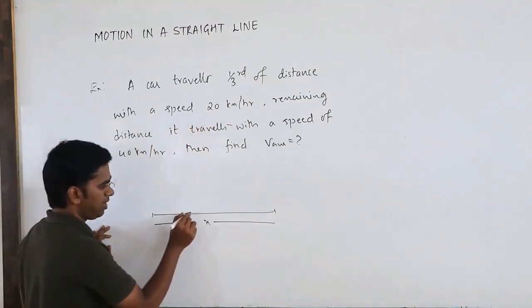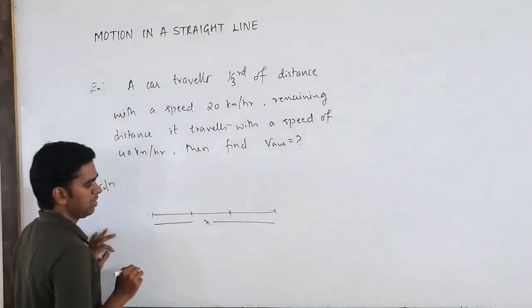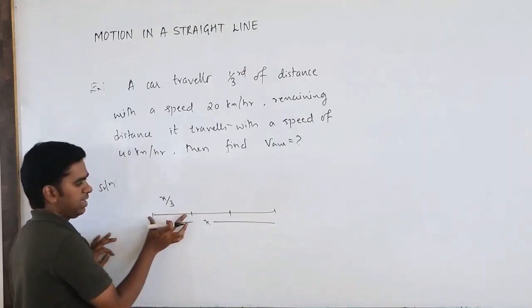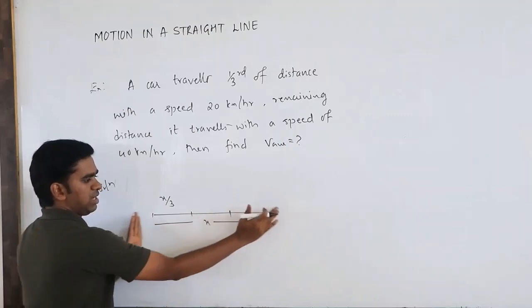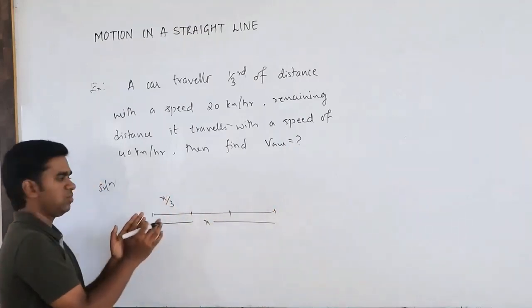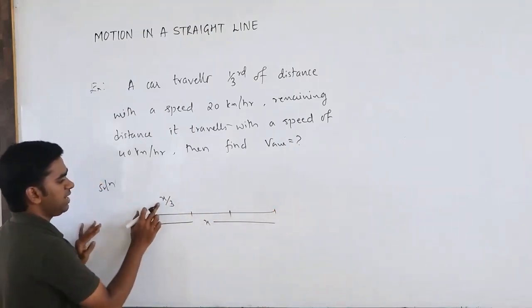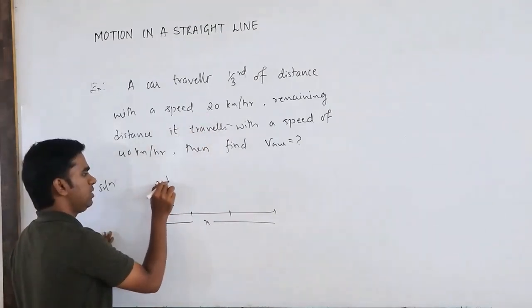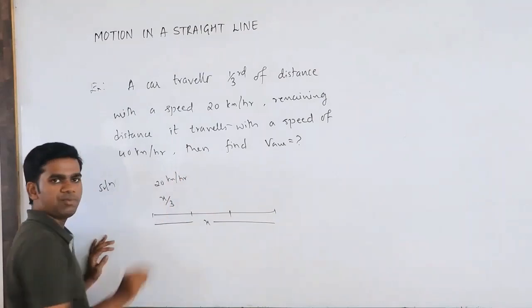So divide it into 3 equal parts: x by 3, x by 3, x by 3. Total is x. So this x by 3 is with a speed of 20 km per hour.